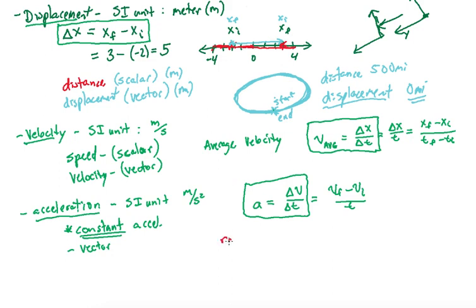So we're going to do rate of change of something, and that just basically means divide by time. So the rate of change of position would be velocity, and the rate of change of velocity would be acceleration. Okay, so just kind of keep that in mind. Whenever you hear that rate of change of, it means you're just dividing by time.